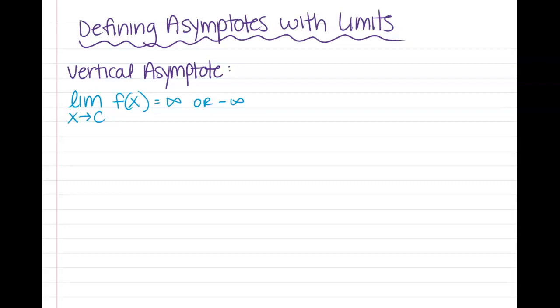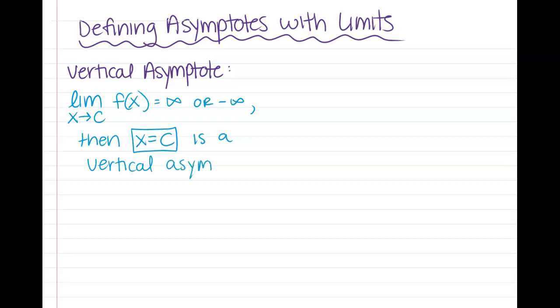If that's true, then x equals c is a vertical asymptote. And this isn't new, but we'll write it again.